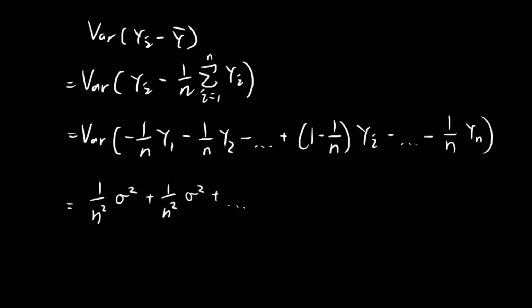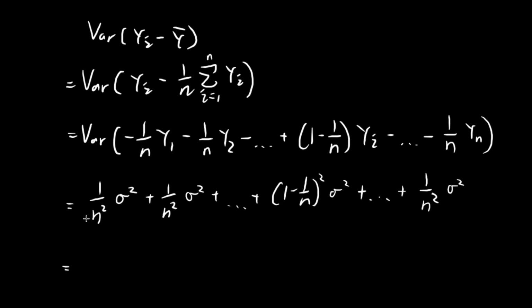And then this keeps on going until you reach the ith term, which is slightly different. You just have a different coefficient, and then you multiply this with the variance of yi, which is also sigma squared, and then all the rest of the terms have a coefficient of 1 over n squared until you reach the very end. And so you have plus 1 over n squared, so this should also be a plus because all the terms are positive, and then 1 over n squared and the variance of yn, so sigma squared.